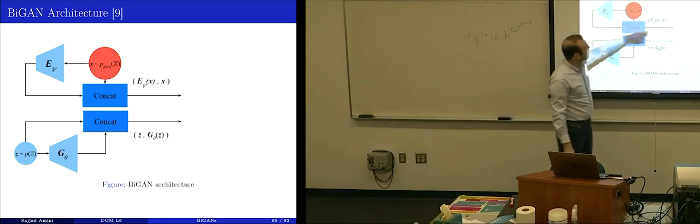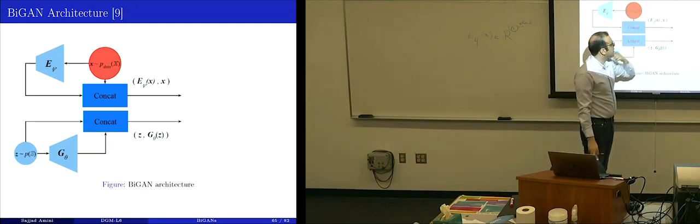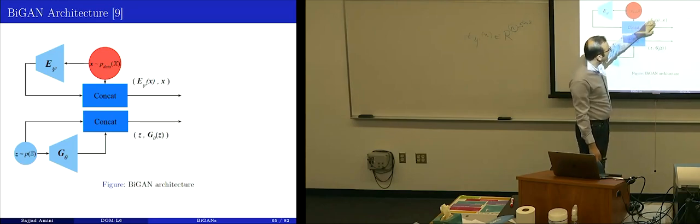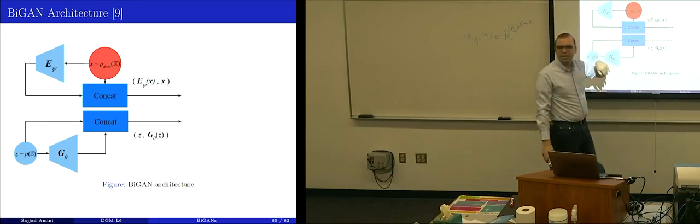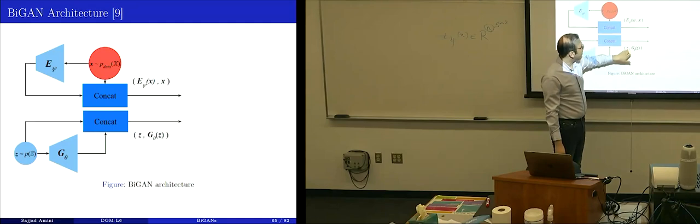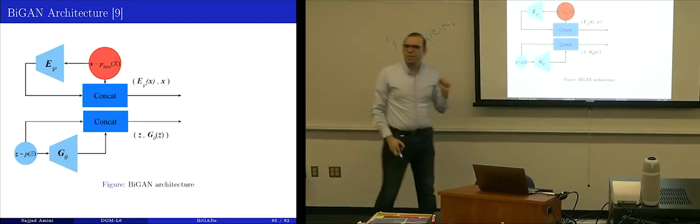And then it concatenates the E psi of x with x. So here I have z and g theta of z, and here I have E psi of x and x. And we know that both of them are of the same dimension, because E psi of x is exactly the same dimension as z, and x and g theta of z are of the same dimension.